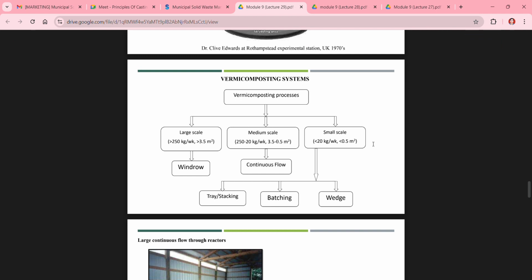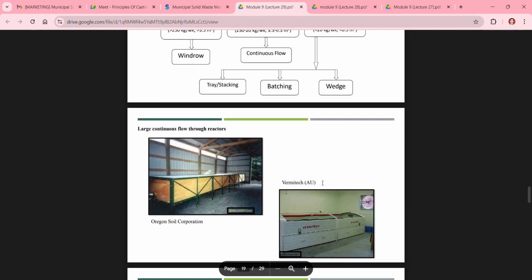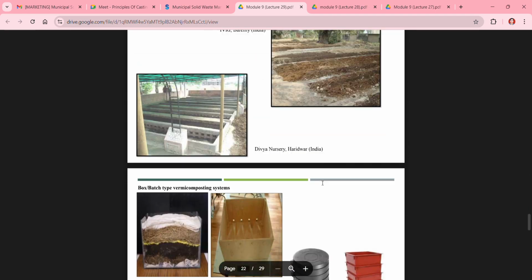In case of large scale processes, we have to go for windrow type vermicomposting systems, while in the medium scale we can go with continuous flow or batch reactors, or rotary drum reactors as we talked about. In small scale we can go with tray stacking or batch type reactors, so that will be helpful.